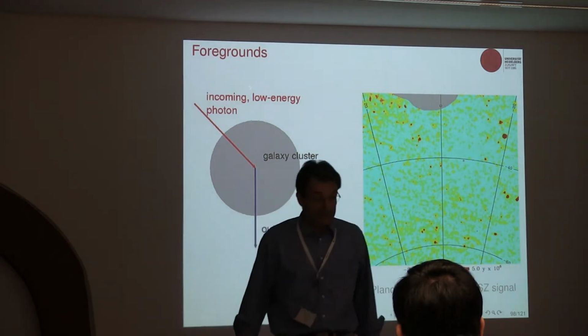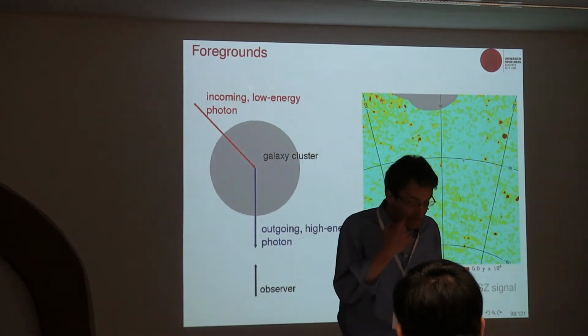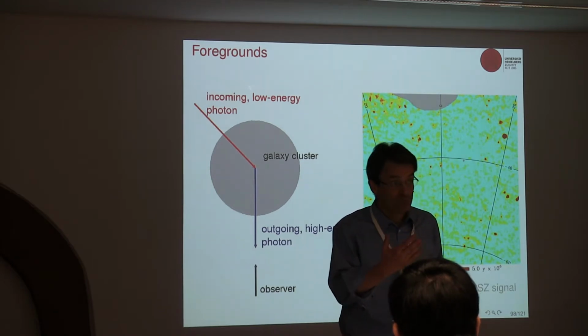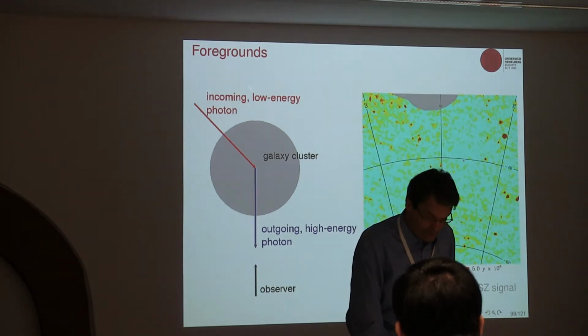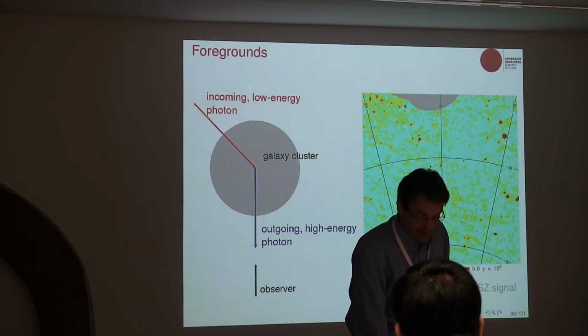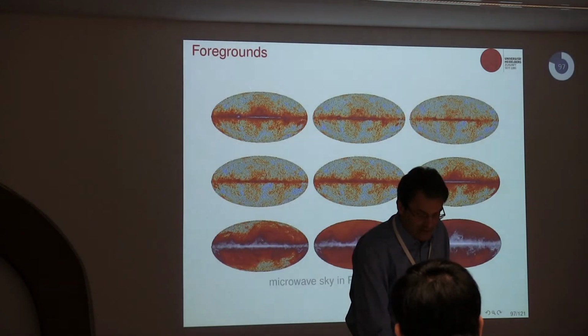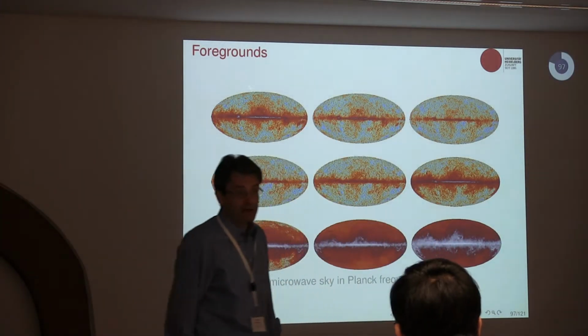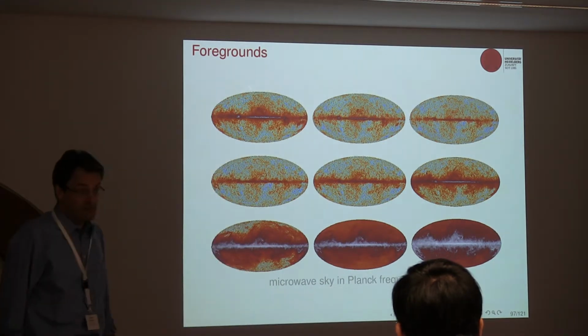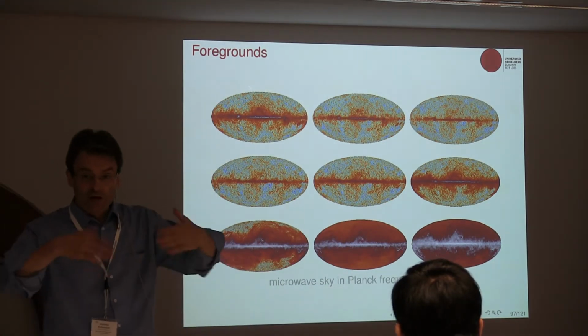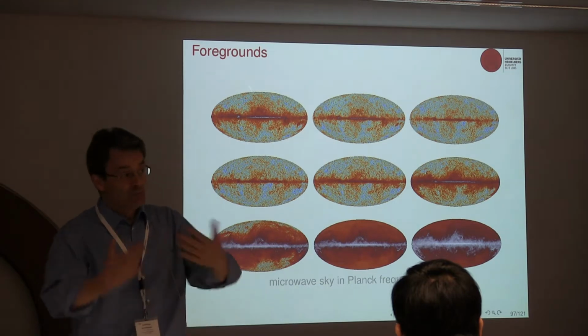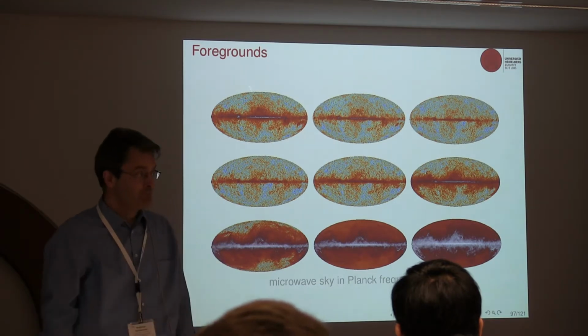And you can find many of them, and you can do so in a way that is much more independent of redshift than other ways of finding galaxy clusters. This is just one example. So imagine what happens is, this is what Planck really gives you, right? These are frequency maps. Then of course you have to remove all these foregrounds, and if you are cosmologists, you throw them in the bin.